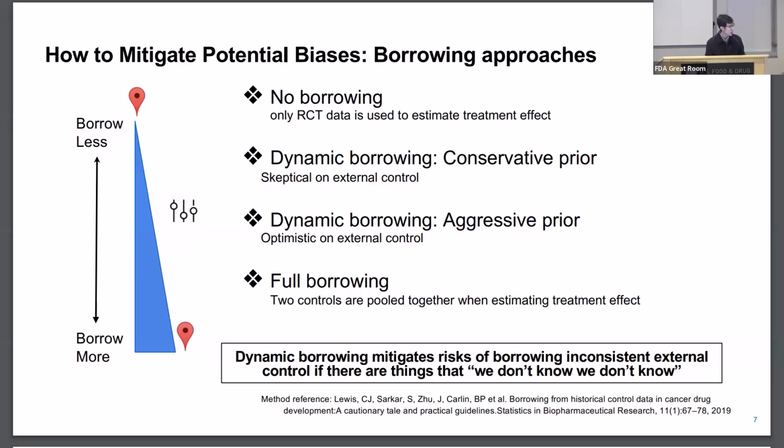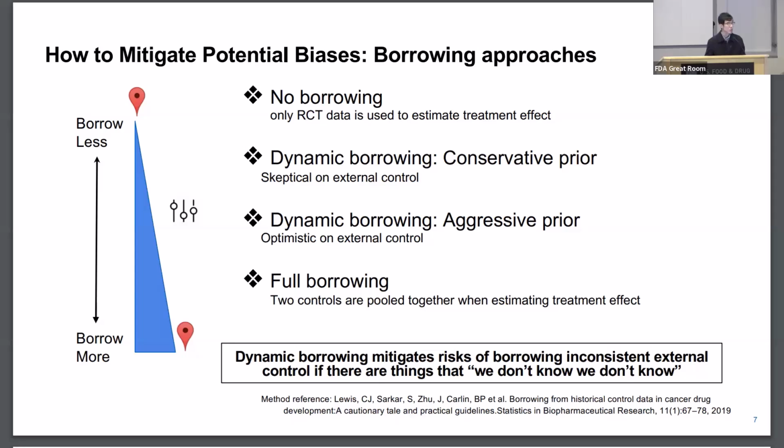I think earlier Karen also touched upon the dynamic borrowing design. So let's take a look at this illustration on the left-hand side. At the extreme top is the no borrowing scenario, where you only use the randomized clinical trial.